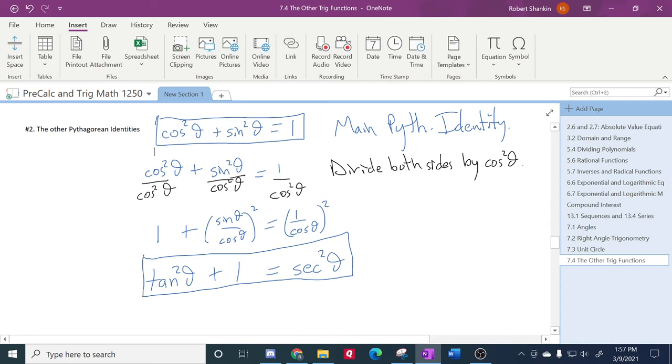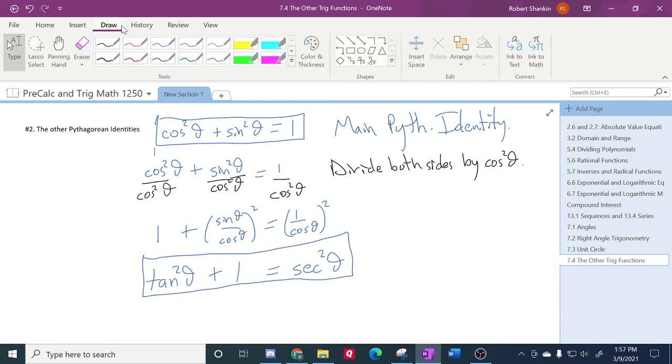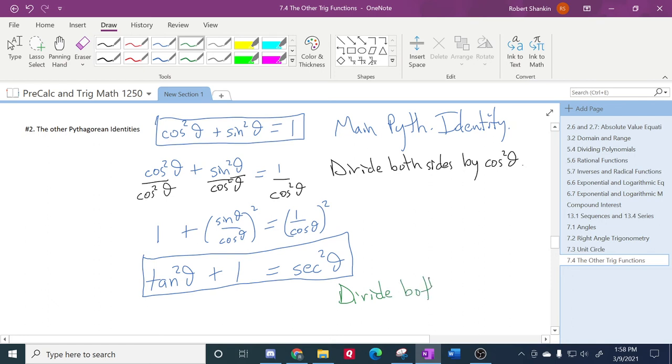Okay. And to find the other Pythagorean identity, we change color. Green. We're going to divide both sides of the original equation not by cosine squared, but by sine squared.